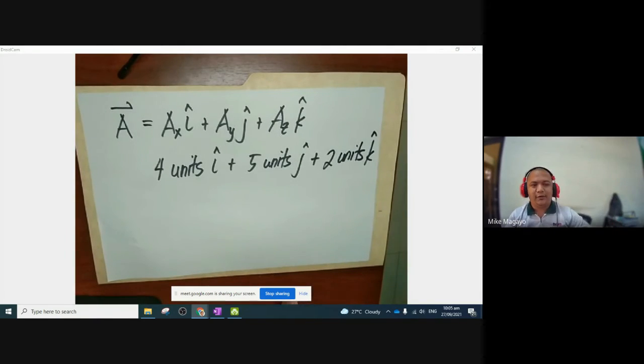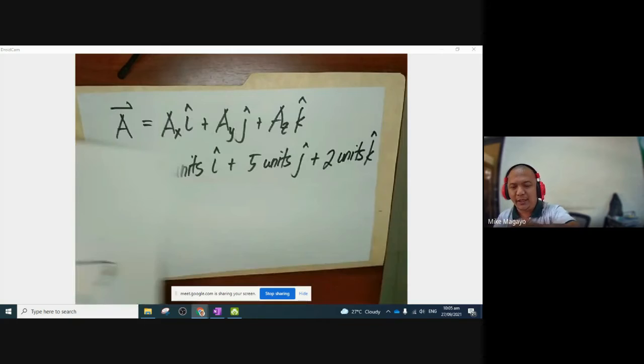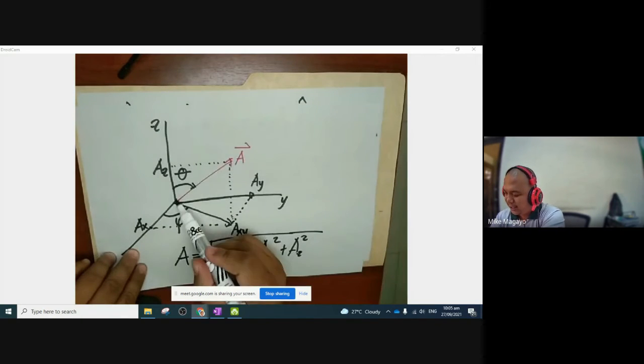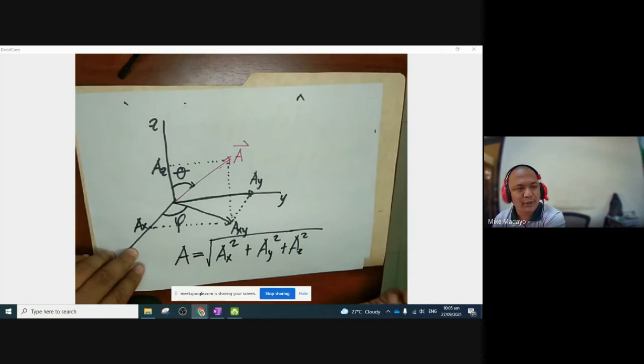For the meantime, let's limit ourselves to Cartesian and polar coordinates. When I say Cartesian, I mean x, y, z. The moment I introduce angles along with the length of the vector, we have a polar coordinate system.